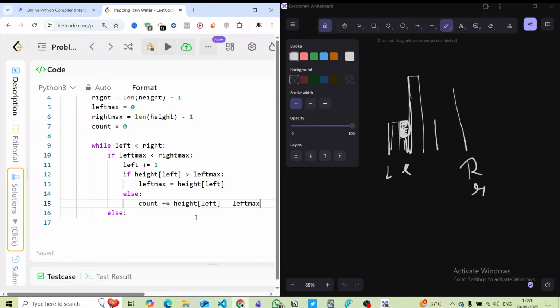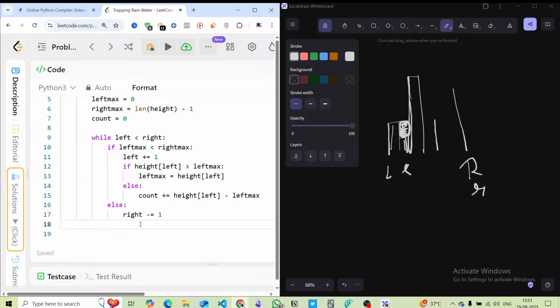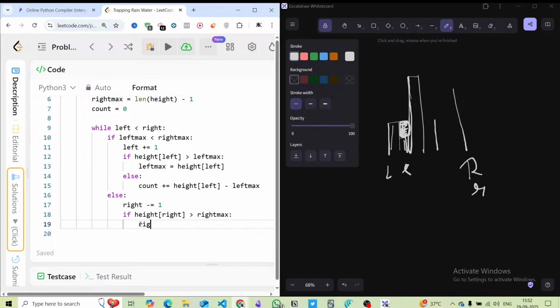Okay. So the same logic we applied to the next case, like whether the right max is lesser than the left max. What we need to do is we just decrement the right and then check whether the decremented value, the height of right, is greater than the right max. If it is so, we just set the right max to the decremented value, which is the height of right.